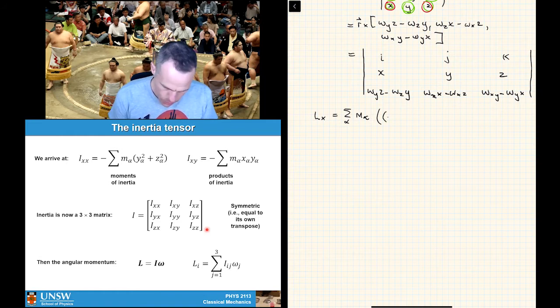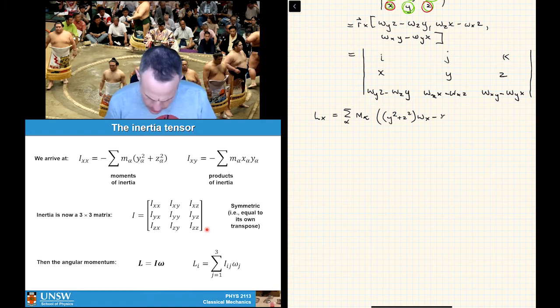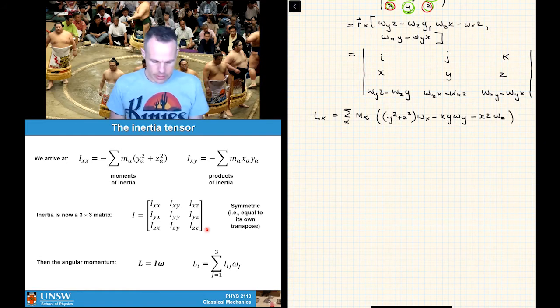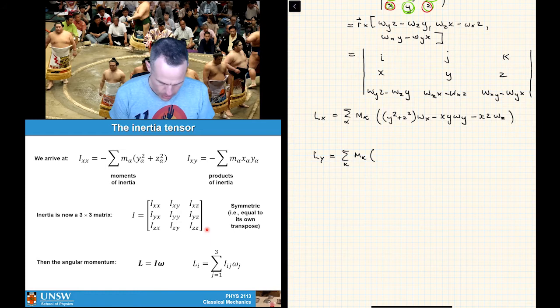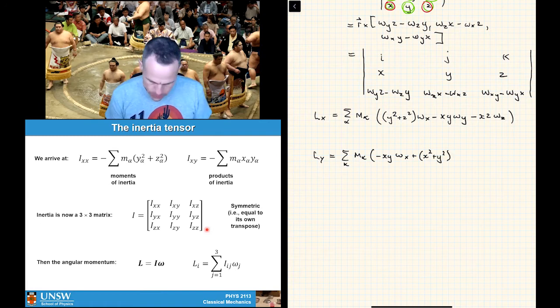Of y squared plus z squared omega x minus x y omega y minus x z omega z. Okay, and I'm going to have an LY in here, and it's going to look like sum over alpha m alpha, minus x y omega x plus x squared plus y squared omega y minus y z omega z.